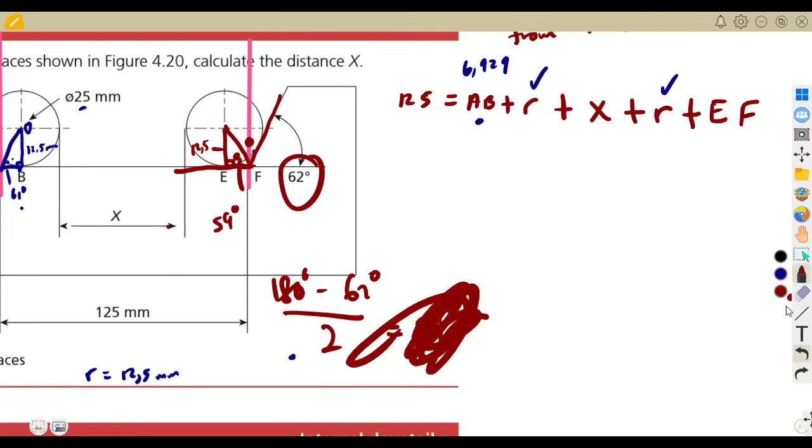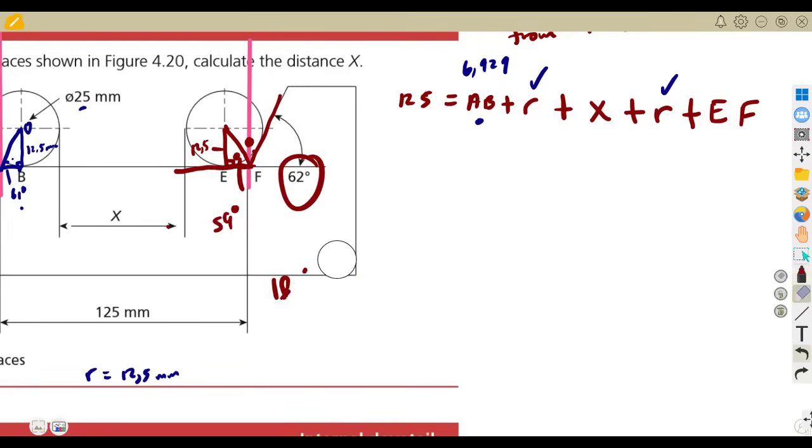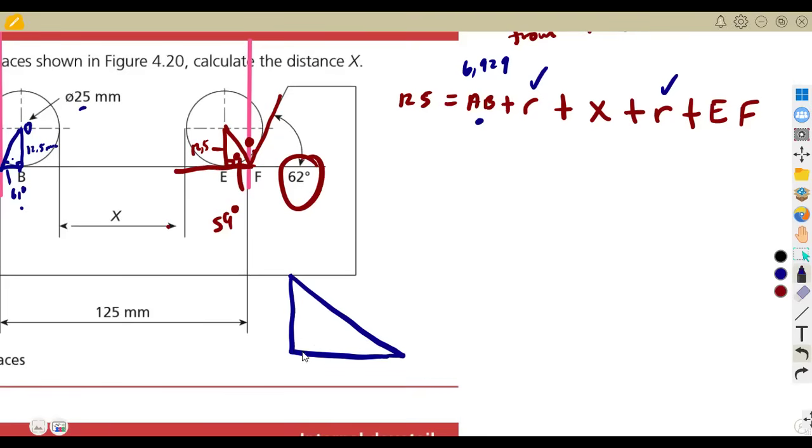So having a right angle triangle, guys, it's an advantage because you can use that to calculate any side from our trigonometrical ratios. This is 90 degrees. Just say this is O, which is the origin, the center, to E, to F. From O to E, that is your radius, which is 12,5. Then I want to calculate EF. According to the angle, 59 degrees, I've got the opposite and adjacent.